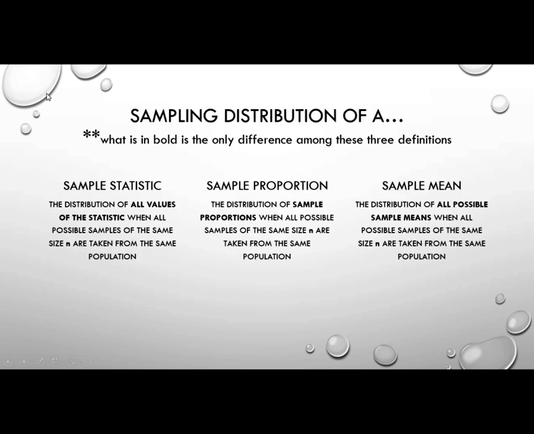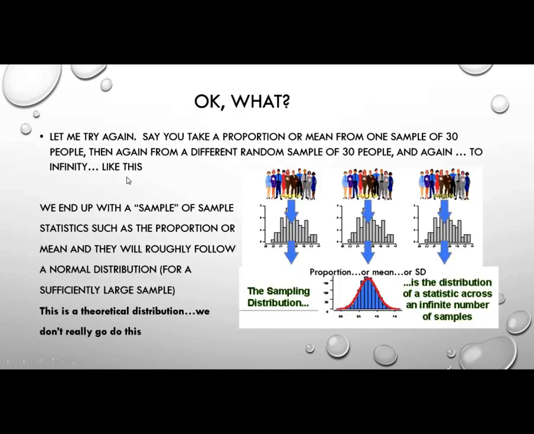So the sampling distribution of a sample statistic, sample proportion, or sample mean, they're all the same. It is the distribution of all values of the statistic when all possible samples of the same sample size n are taken from the population, and they will all follow a normal distribution.